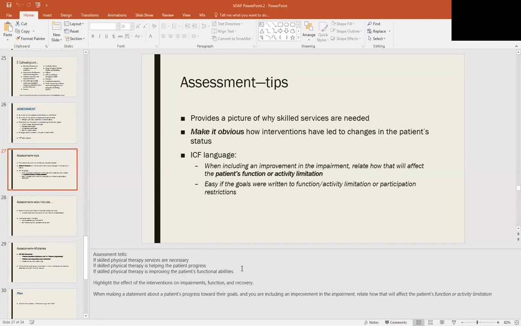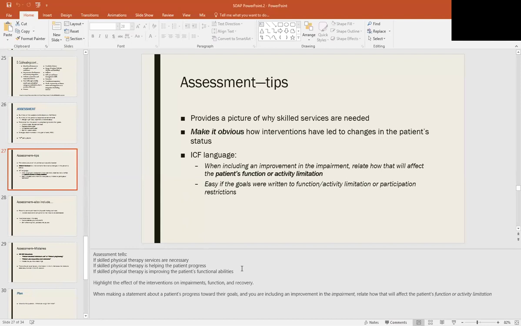Another thing you can look at with assessment before we move on to the next slide: assessment will tell us if skilled physical therapy services are necessary, if they are helping the patient progress, and if they are improving the patient's functional abilities.